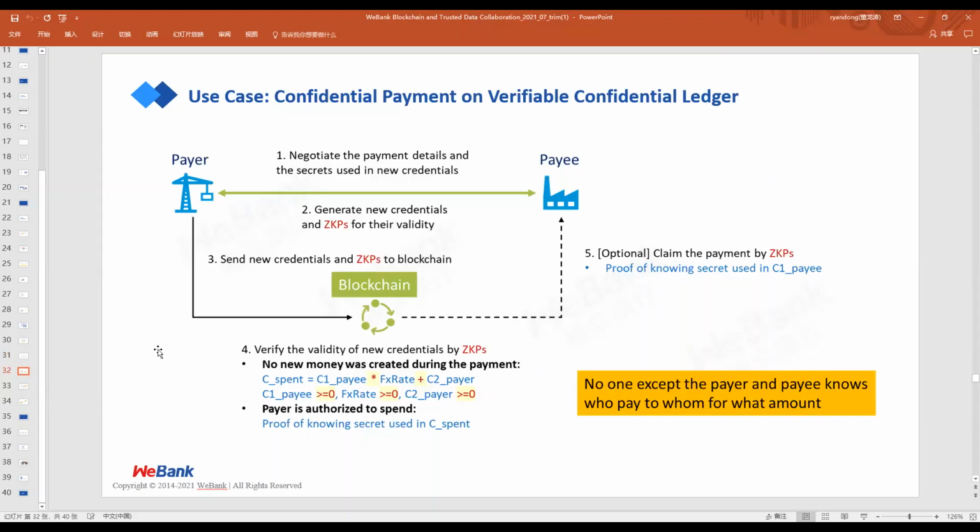Maybe you will have a better understanding of what this kind of computation can do. The first is what we call confidential payment. You may already know that in the traditional, native blockchain, everything is in plain text. If you keep a ledger of all the payment records on the blockchain, everyone can read it.